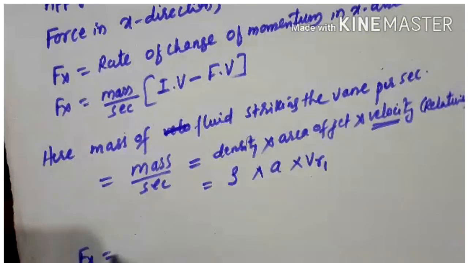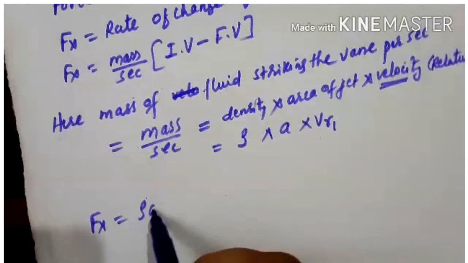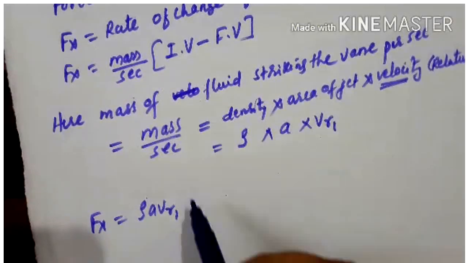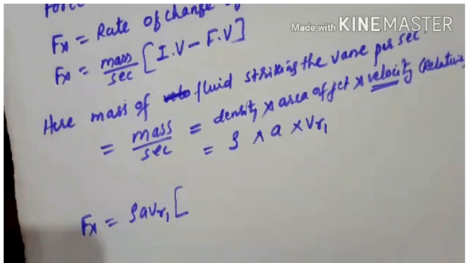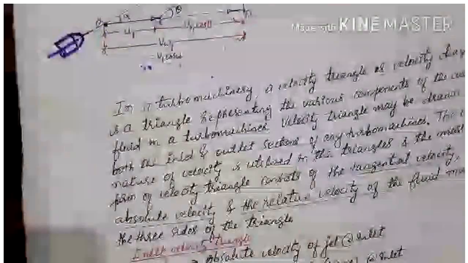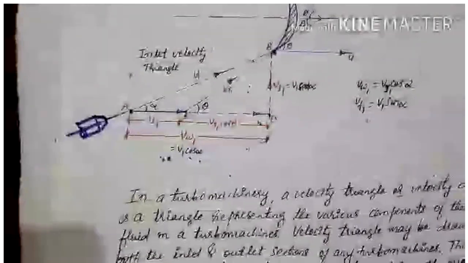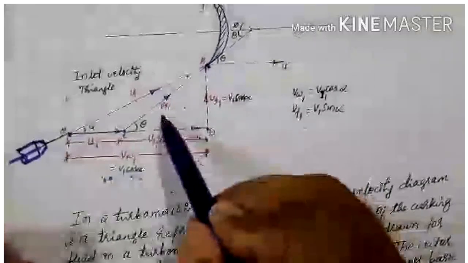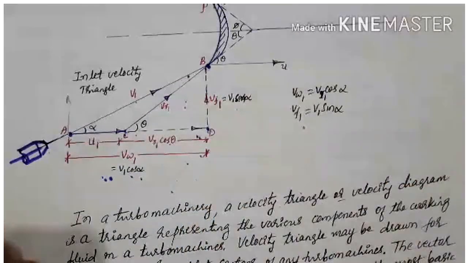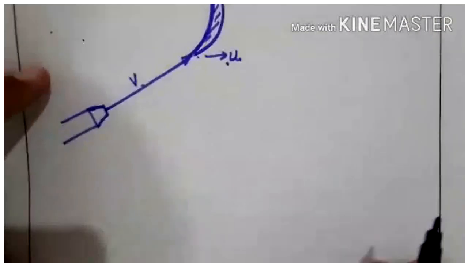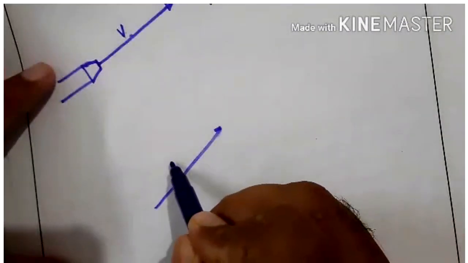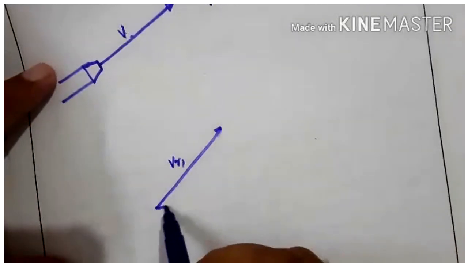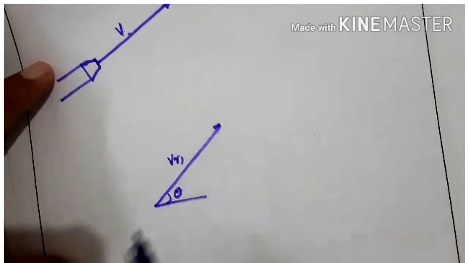Then Fx will be rho a VR1 into the bracket initial velocity. Here we have to take the initial velocity of the jet relative to the vane. Since it is entering with VR1, I'll draw it here: the jet will be entering with this velocity VR1, which is making an angle of theta here.